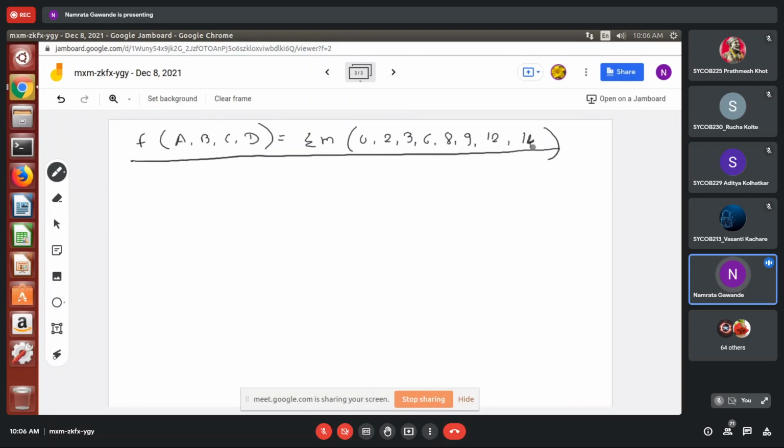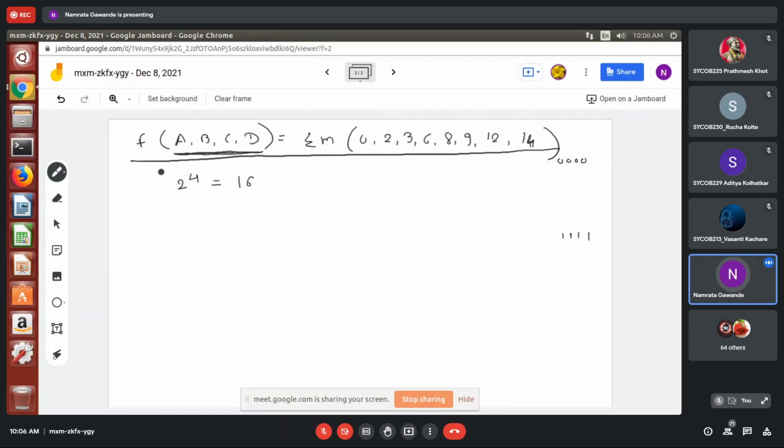We can see that there are minterms from 0 to 14. For four bits, we can take a combination from 0000 to 1111. So I can take the number of inputs as 2 raised to power 4 equal to 16.